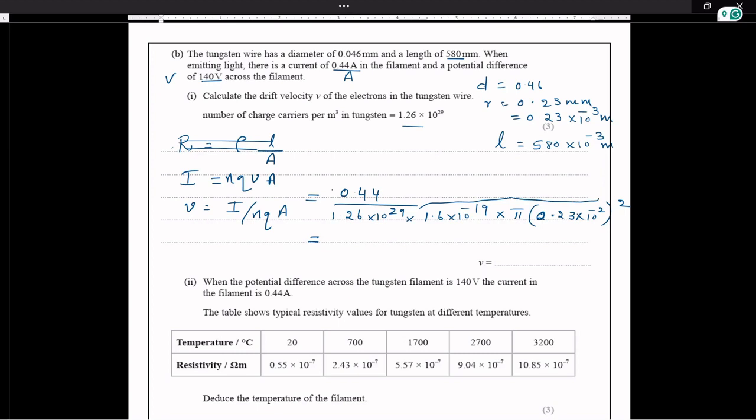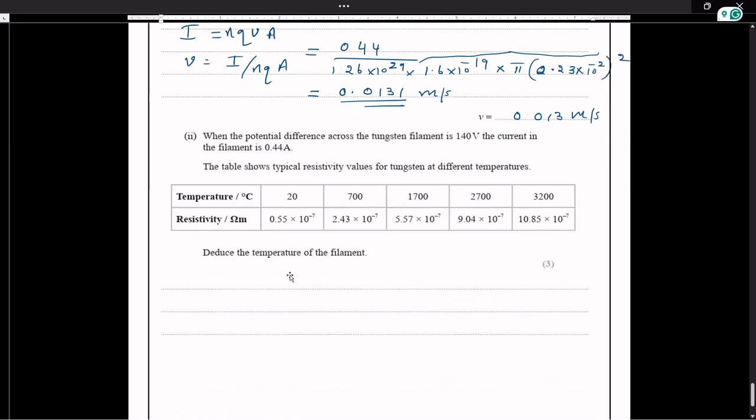On calculation, we are getting an answer of 0.0131. This is the drift speed, in meters per second. So it is 0.013 meter per second.